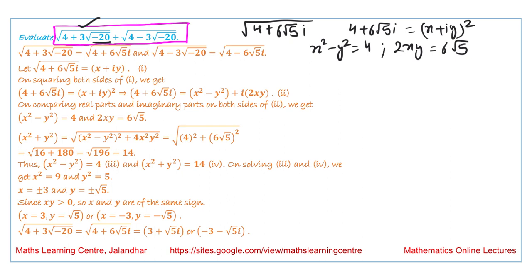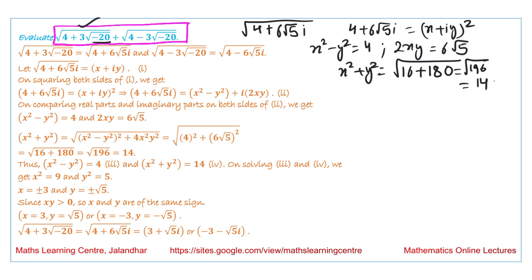So by solving these two equations, we will get x square plus y square equal to the square root of 16 plus this value we will have, 6 square is 36 into 5, that is 180. So the answer will be the square root of 196, and that is equal to 14.